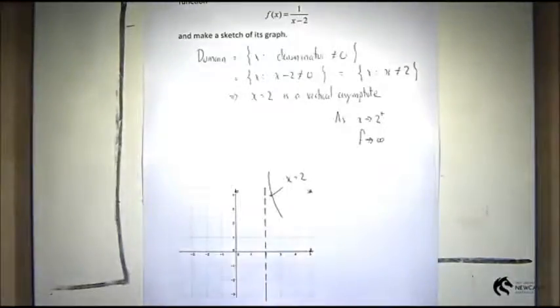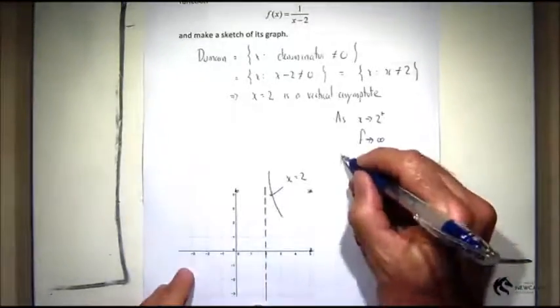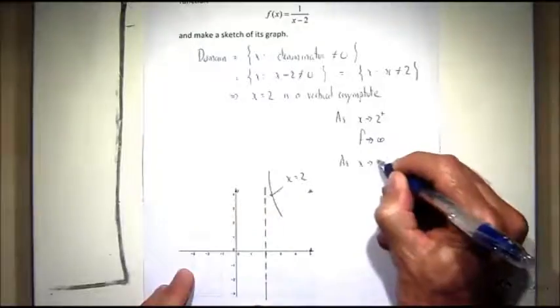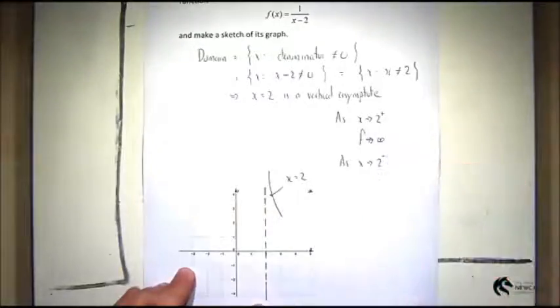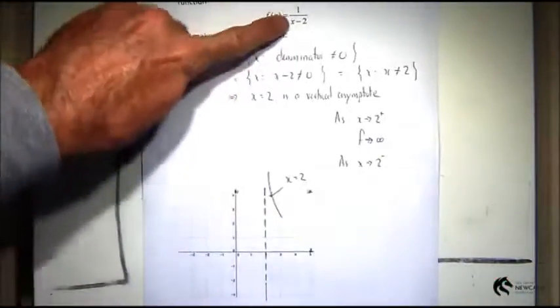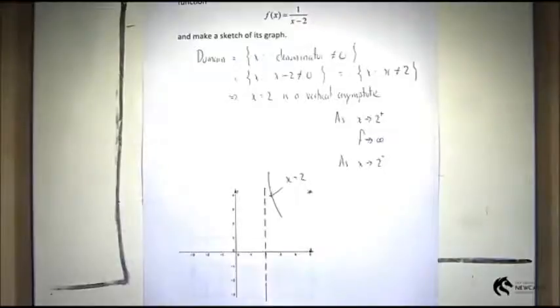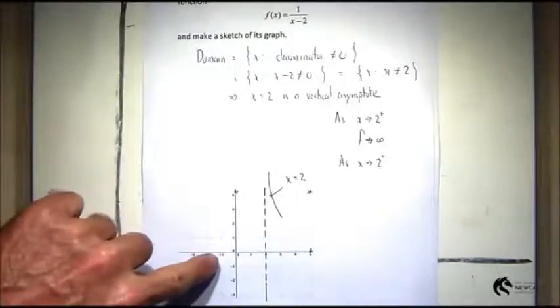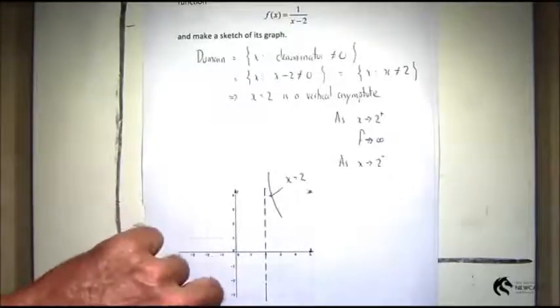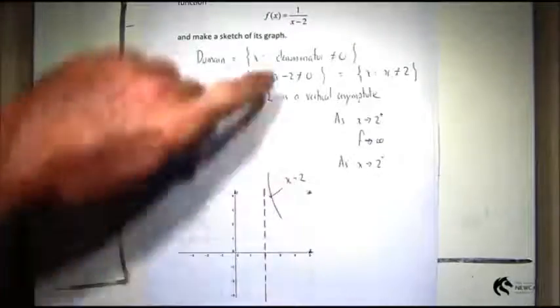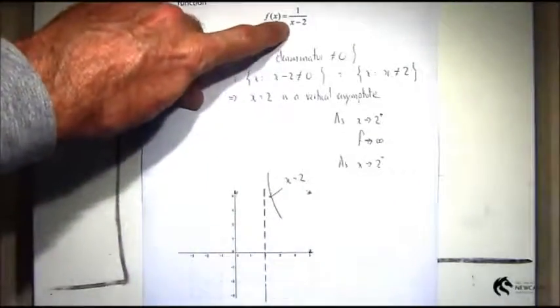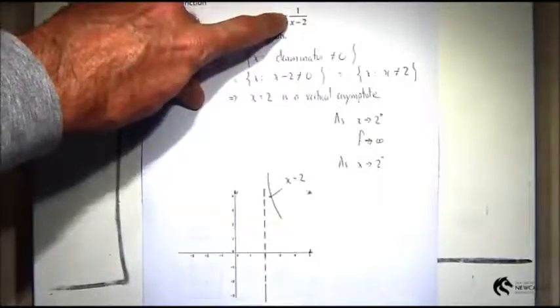However, if I come towards 2 from values a little bit smaller, for example, if I put in 1 1/2, 1 1/2 minus 2 is minus a half. 1 divided by minus a half is minus 2. And so what happens on this side is, yes, the number's getting bigger, but it's getting bigger negatively. The denominator is always negative, so the y value is always negative.